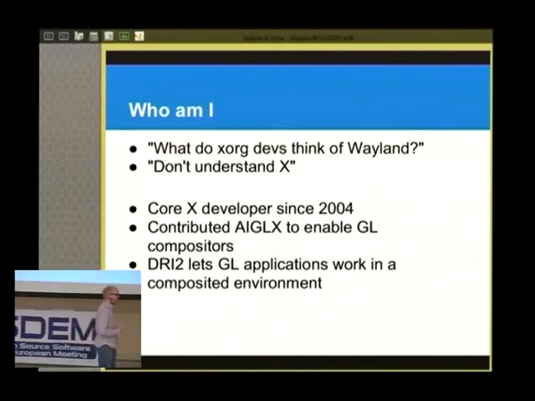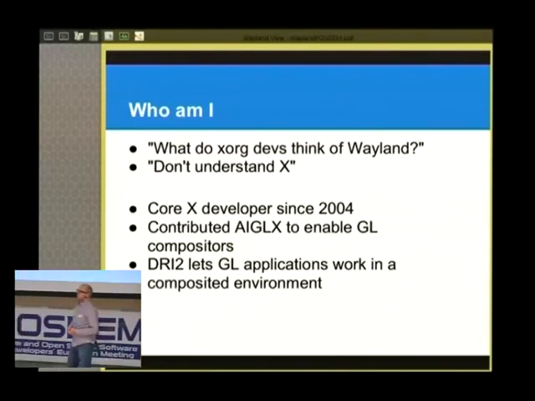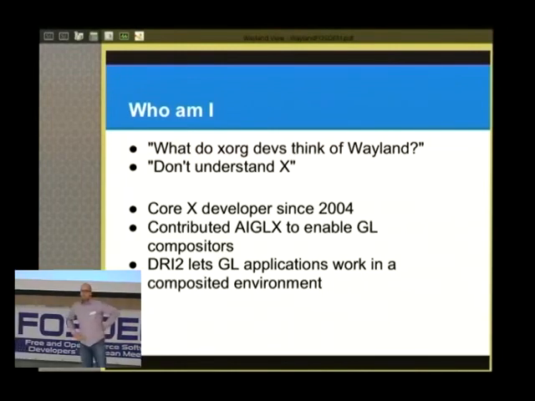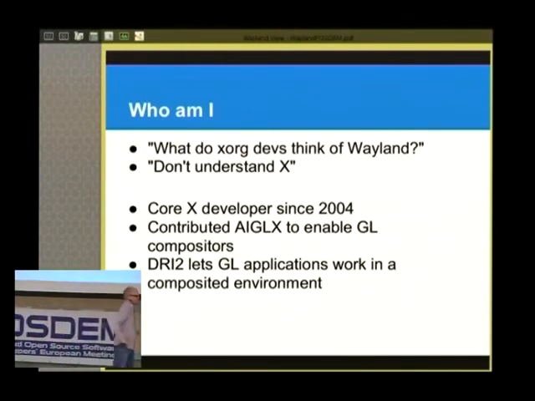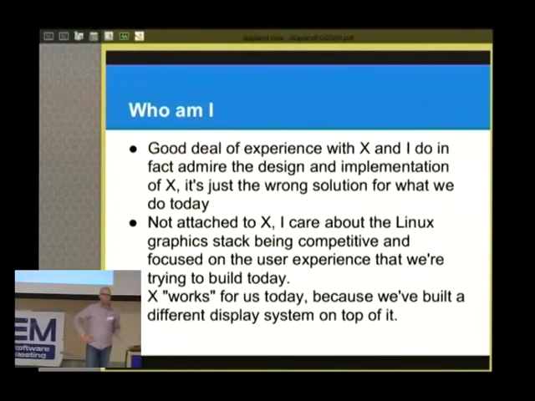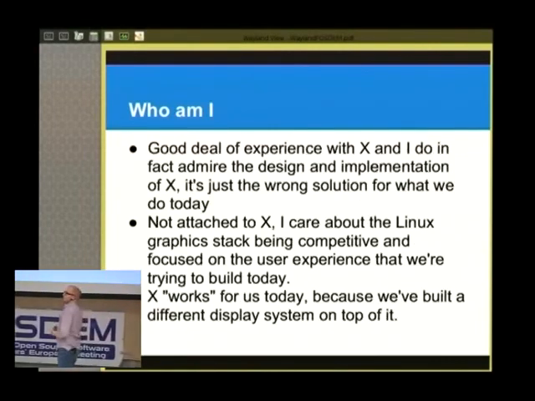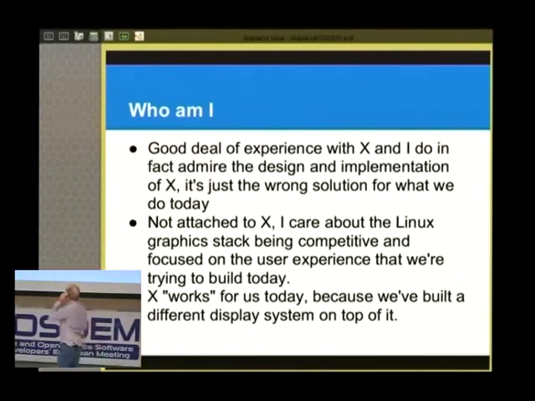We did a lot of work on X back then, and we pushed X forward with compositing. We fixed a lot of the bugs and problems that prevented us from using X in a composited environment. We spent a lot of time trying to get X more modern and usable for what we wanted to do.